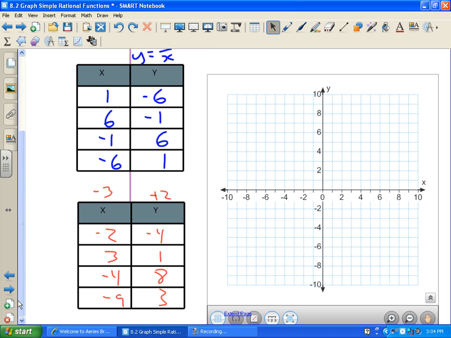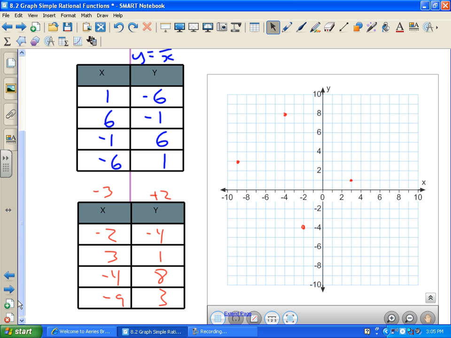Okay, let's go ahead and plot these coordinates. -2, -4, +3, +1, -4, +8, and -9, +3. Again, we've got 4 coordinates. They look funky. Do not try to connect the dots until after you've covered your asymptotes.